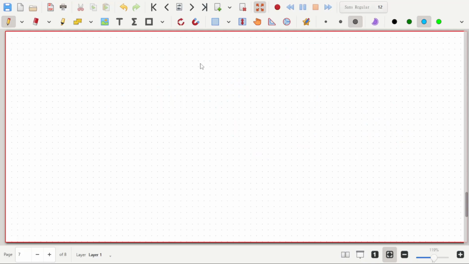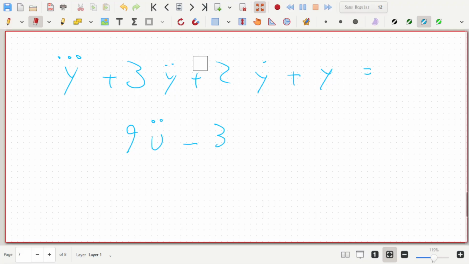If I have y 3 dots plus 3 y 2 dots plus 2 y dot plus y equals 9 u 2 dots minus 4 u dot plus 5u.